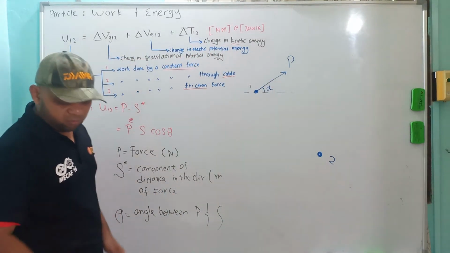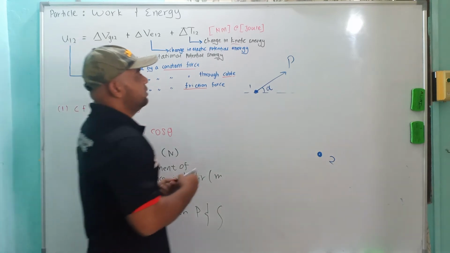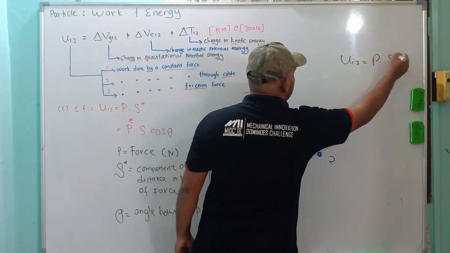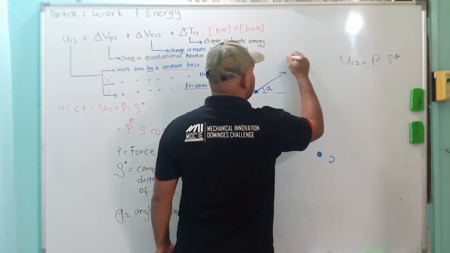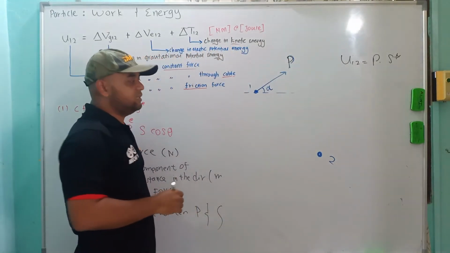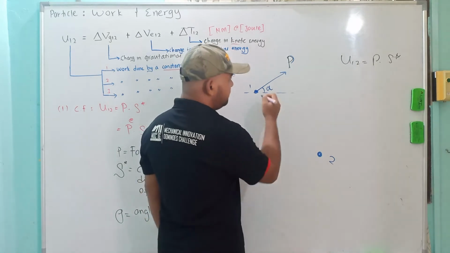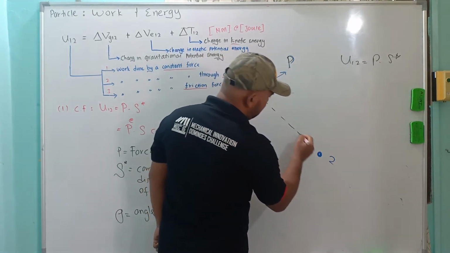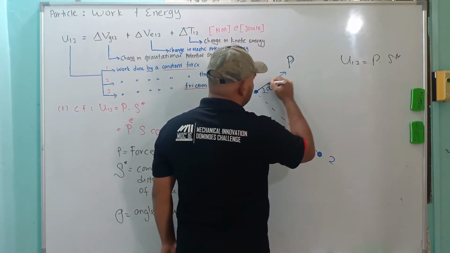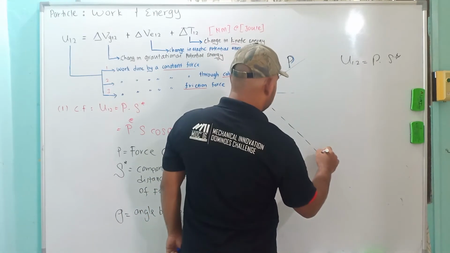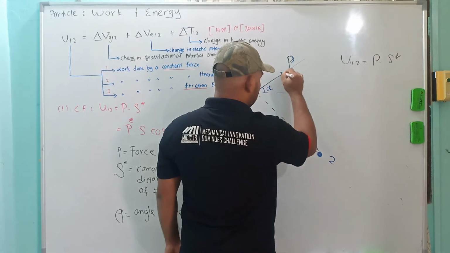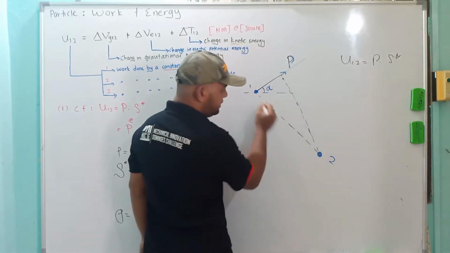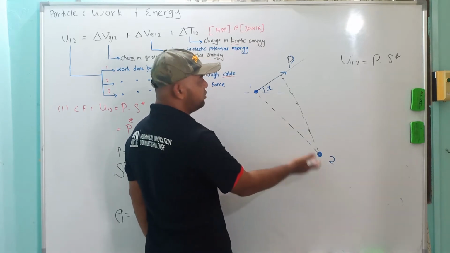If you want to use the equation U12 equal to P S star, we will directly take this P, but the distance is not these two distances, but the distance in the same direction of P. So you have to make sure to take this distance, which is the distance from position 1 to position 2.